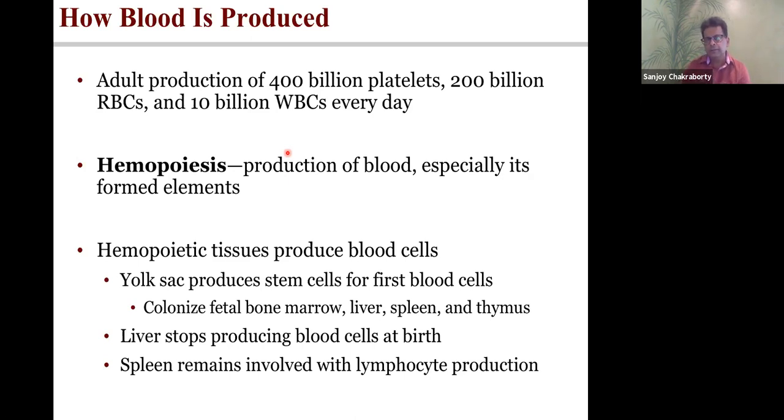But the liver stops at the time of birth; the liver cells are not responsible for production of blood cells. The spleen and thymus get more involved in leukocyte and lymphocyte production mainly, and we are going to talk about that later. But then bone marrow becomes the main place where the red blood cells and most of the other white blood cells are produced every day.